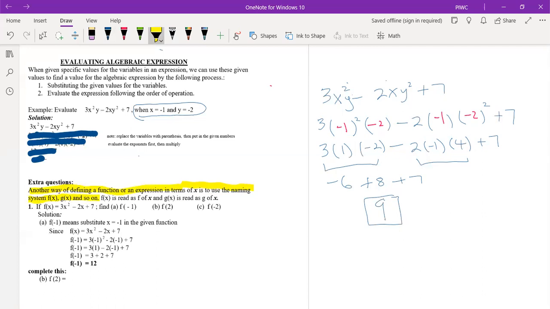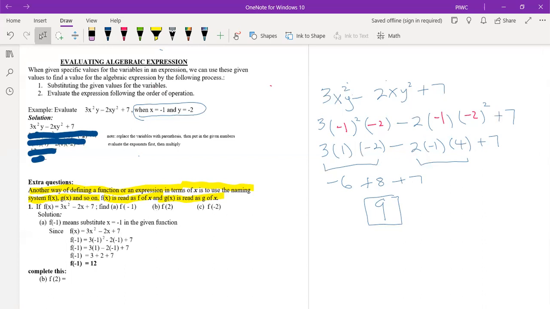So we read this as f of x or g of x, right? So the function defined in terms of x, very easy to follow.